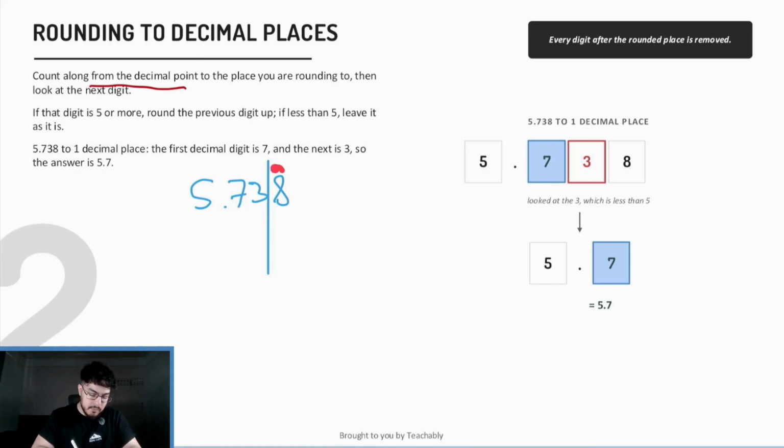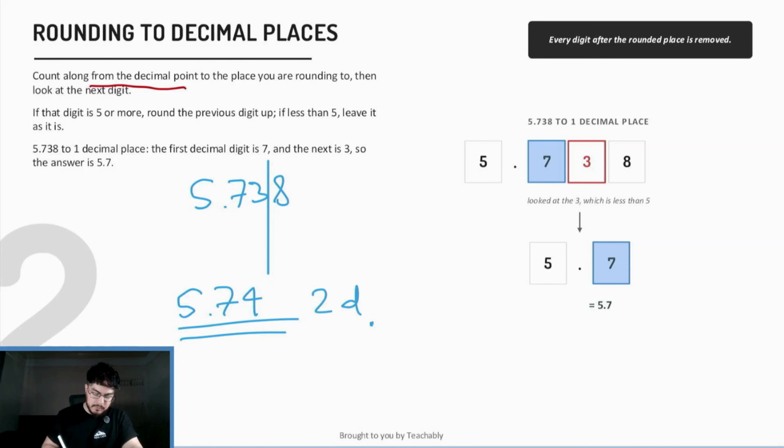In this case, 8 is more than 5. And so we are going to eliminate that, of course, because it's not to the decimal place threshold we want. But we're also going to increase this 3 to 4. So in this case, it would be 5.74. And that would be to 2 decimal places. Okay? So the rules of rounding still apply to decimal numbers.